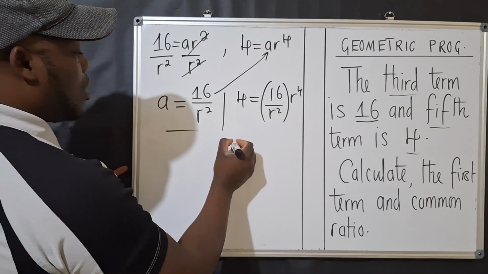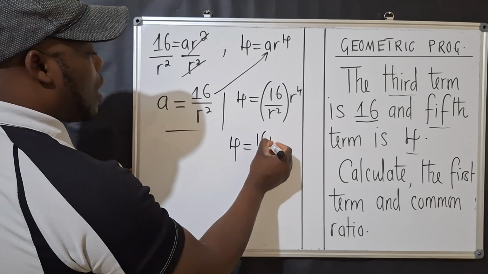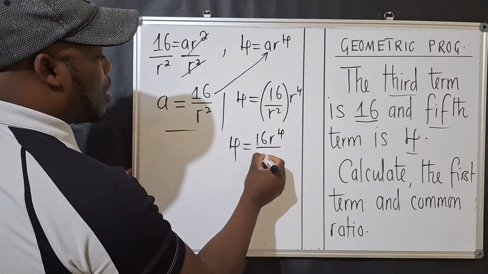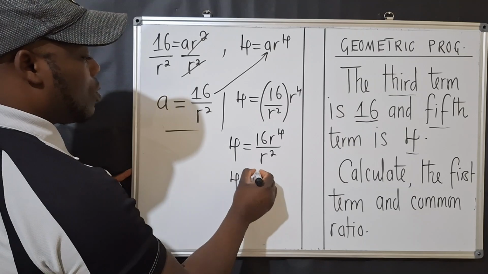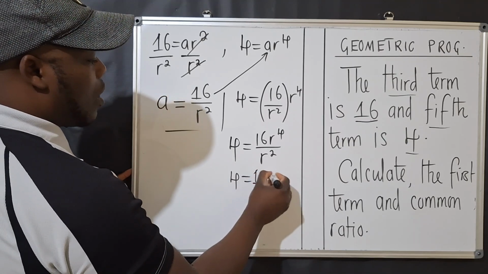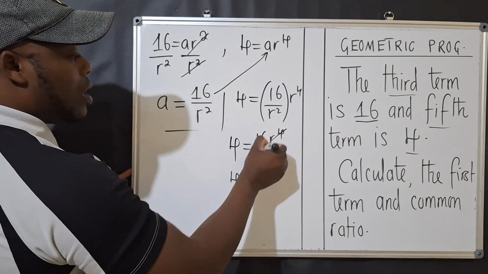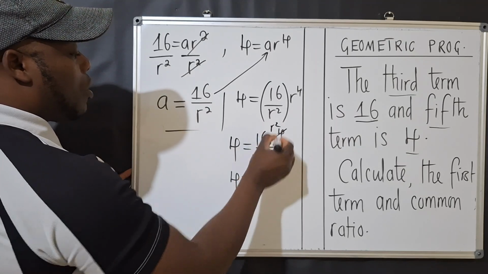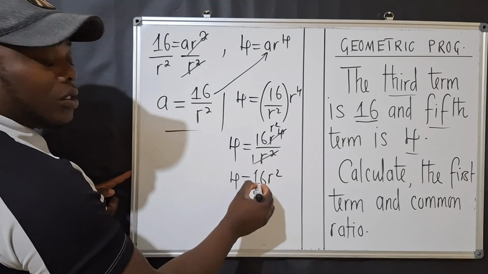So now I can say 4 is equal to 16 r power 4 over r power 2. So this is 4 is equal to 16 r power 2, because this r power 2 into itself is 1, into r power 4, it's r power 2. So we'll remain with 16 r power 2, which is here.